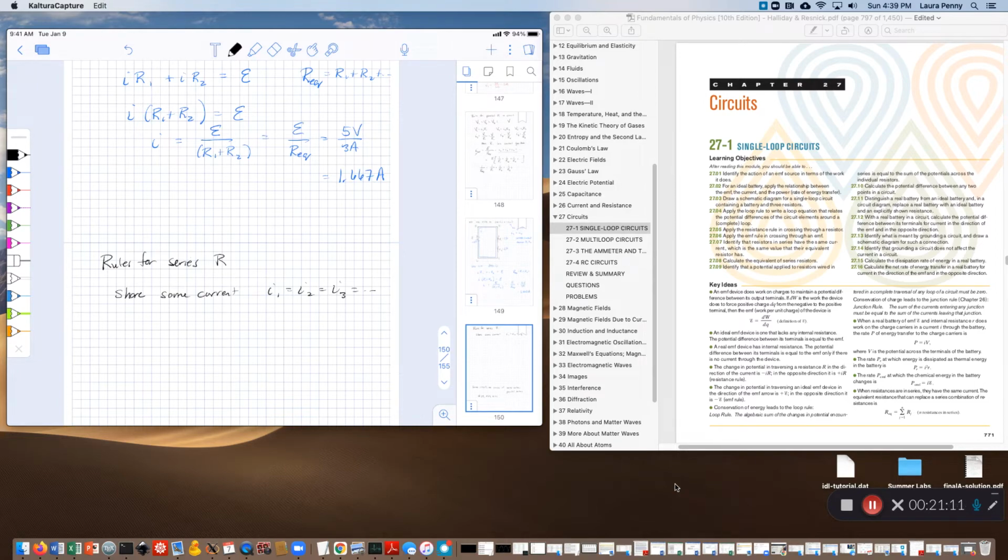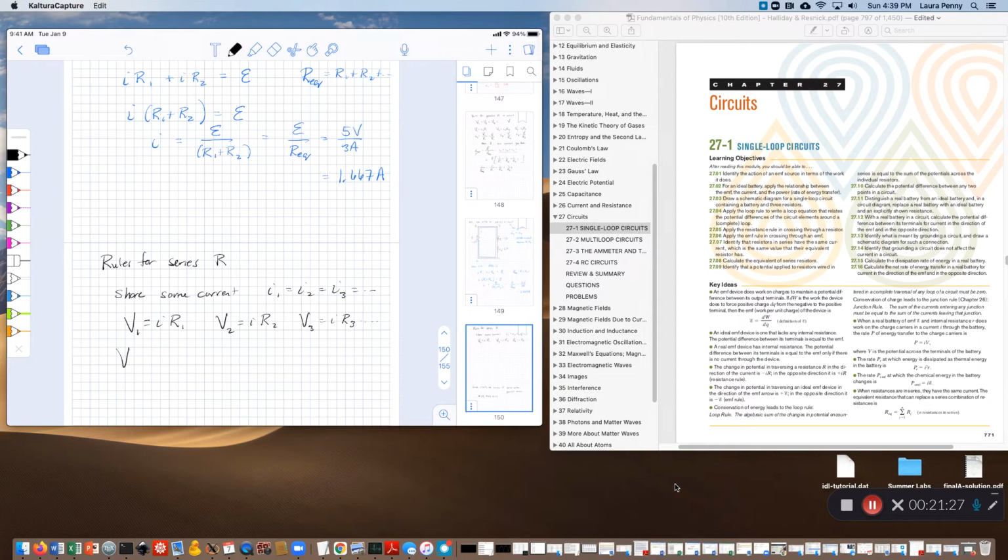But their voltages are not the same. So V1 is I times R1, V2 is I times R2, V3 would be I times R3, all added up.